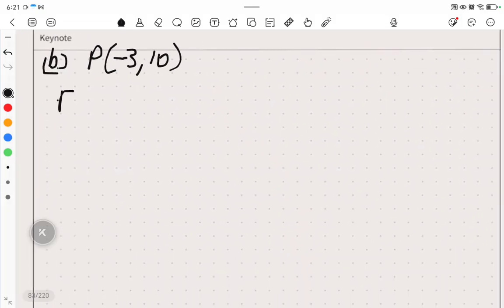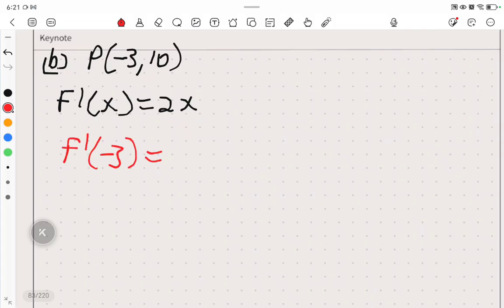And we know that f prime of x is equal to 2x. And given f prime of minus 3 will be equal to 2 times minus 3, and this will be equal to minus 6, right?